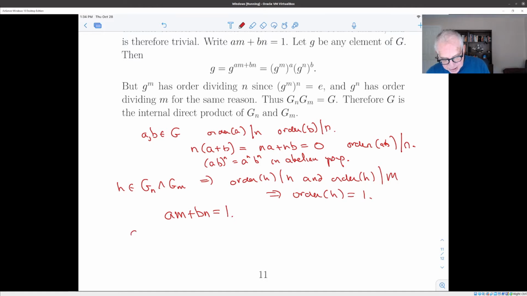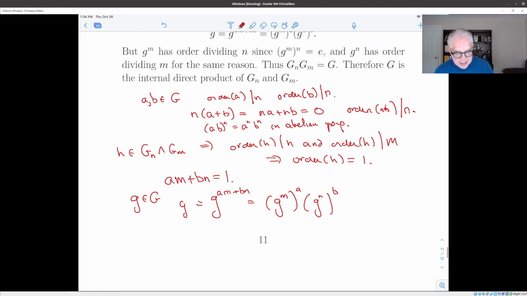And then if we take any element g in G, now I'll write it multiplicatively, g^(am+bn) is (g^m)^a (g^n)^b, but it's equal to g, right? Because am plus bn is 1. And g^m is in Gn, because if you take g^m and raise it to the nth power, you get the identity, since anything to the mn power, which is the order of the group, is going to be the identity.